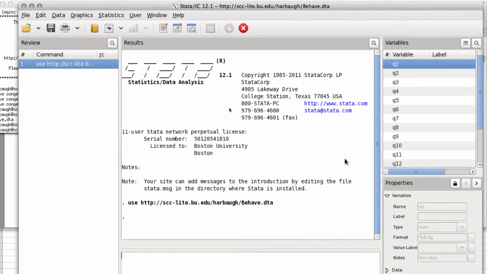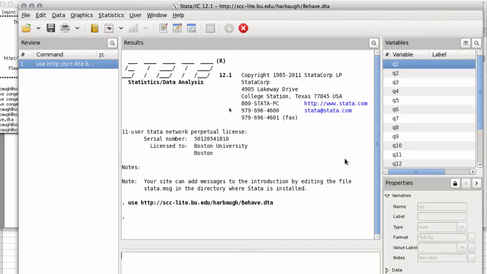Item 1 is can concentrate on any task. Item 2 is eager to learn. 3 is perseveres in the face of difficulty. 10 is persistent. And 14 is purposeful activity.